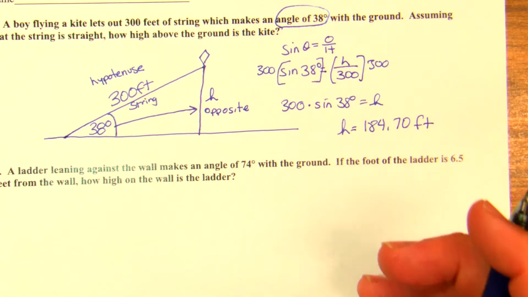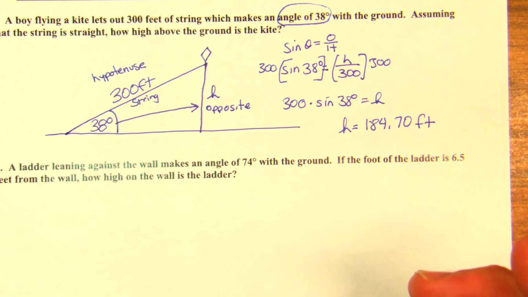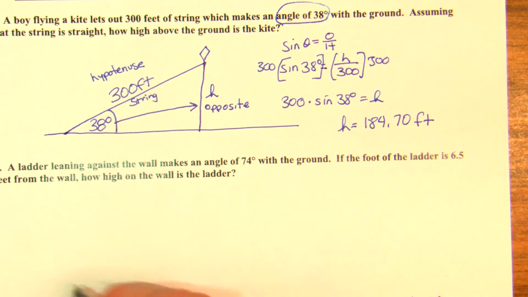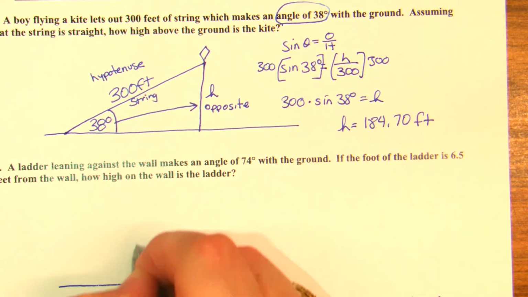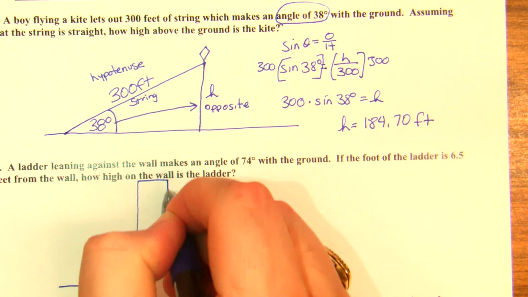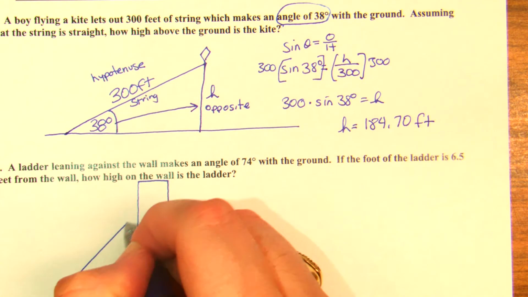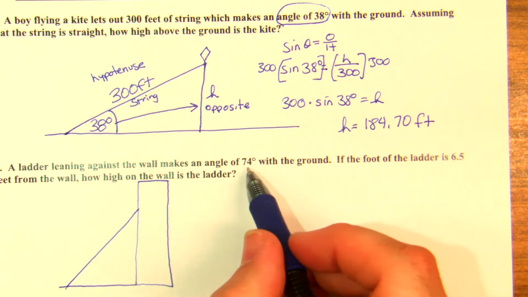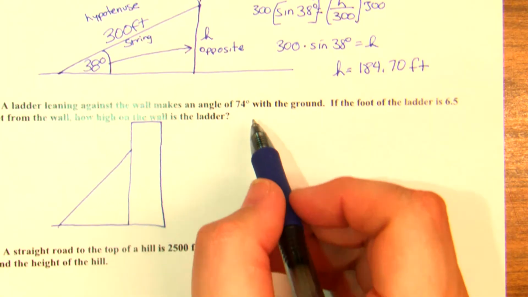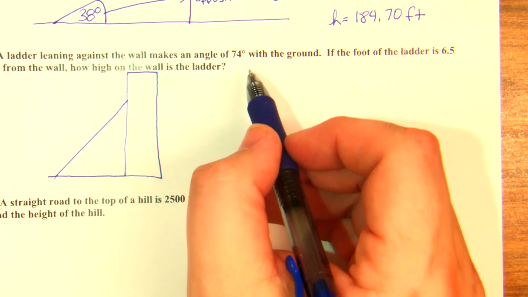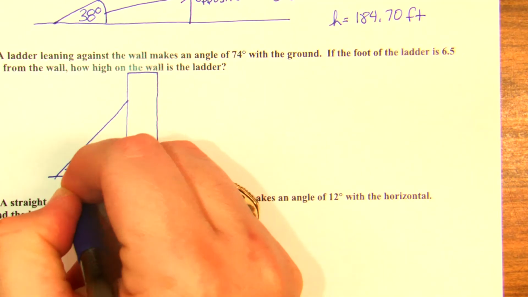All right, next up is a ladder leaning against the wall. There's your wall. There's your ladder. It makes an angle of 74 degrees with the ground.